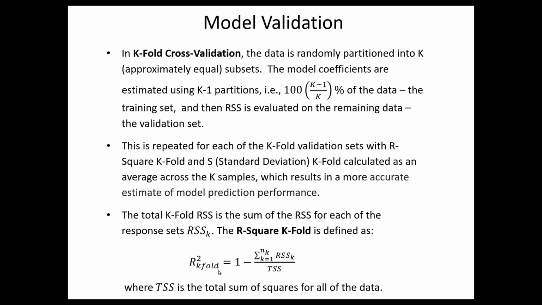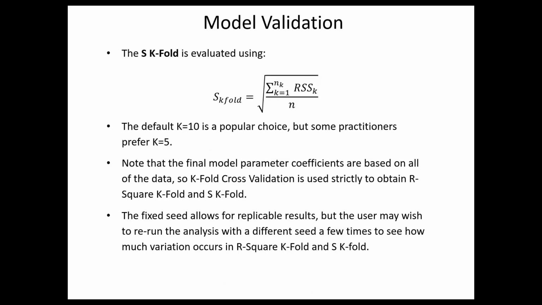So it's similar to R-square predicted, but it's based on k-fold. It just gives you yet another means of validating. You also get a standard deviation k-fold, and k equals 10 is the default. Some practitioners prefer k equals 5.